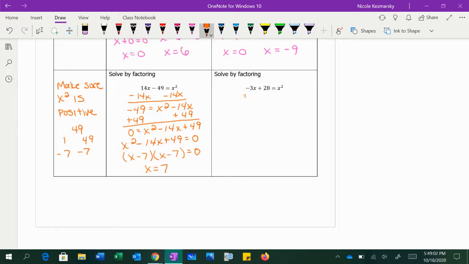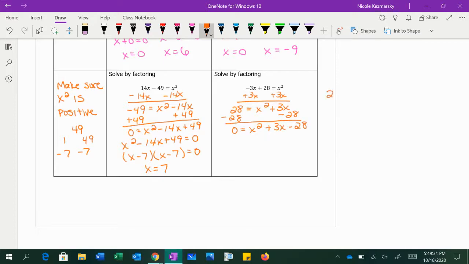Last example. Again, I want the x squared to stay positive, so I'm going to leave it alone. I'm going to move the 3x. So we'll say 28 equals x squared plus 3x. And then we'll move the 28 and get 0 equals x squared plus 3x minus 28.